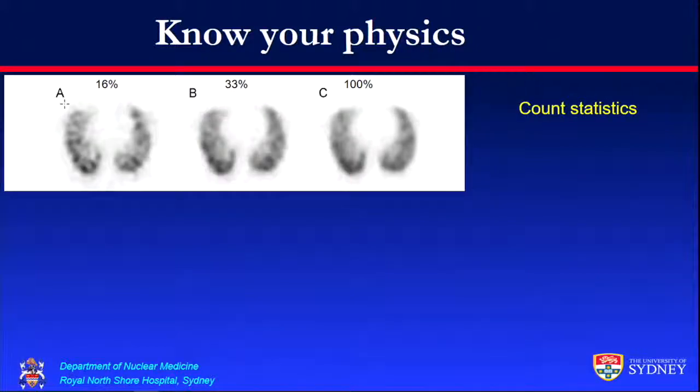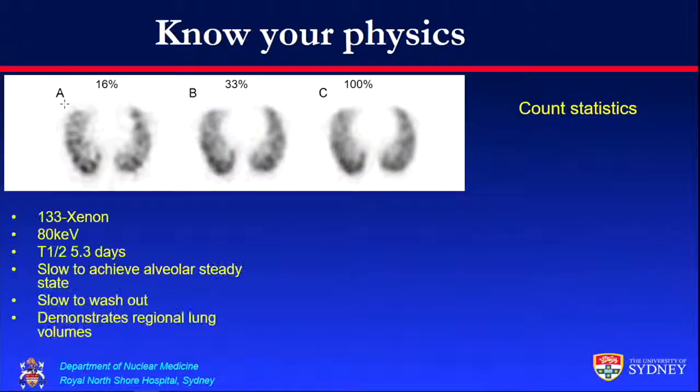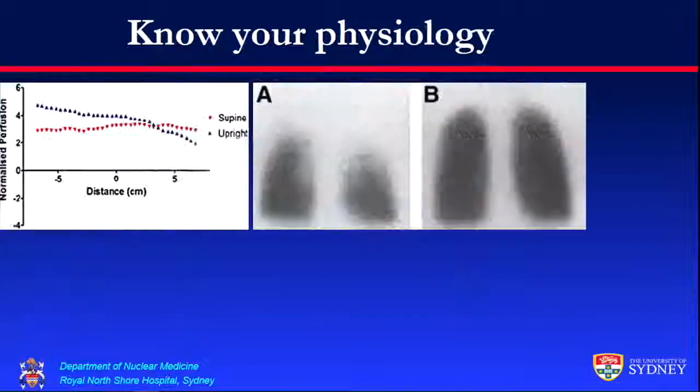This is the same patient. We gated this patient to acquire the data so I could segment it any way I liked. This is using 1/6 of the data, 1/3 of the data, all the data. And you can see the increasing noise that you get if you have poor count statistics. So make sure that when you do your study, you have adequate statistics.